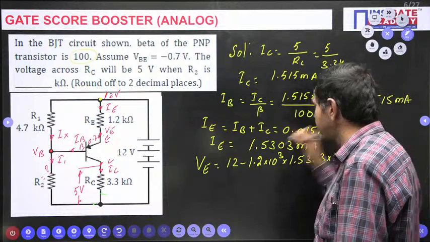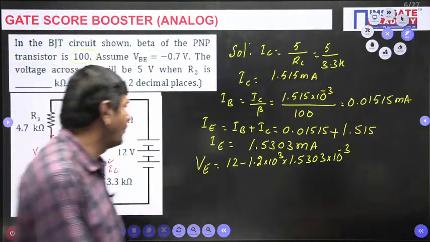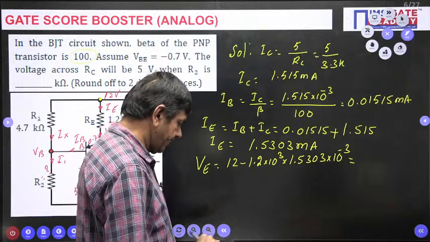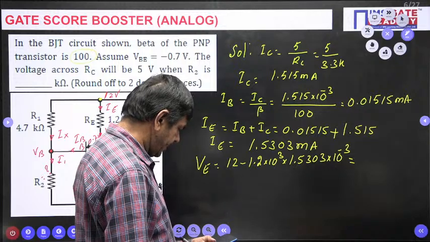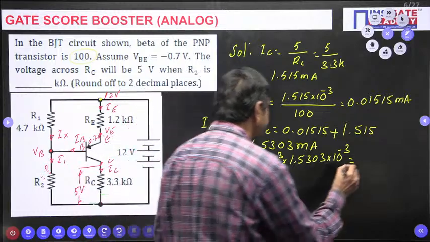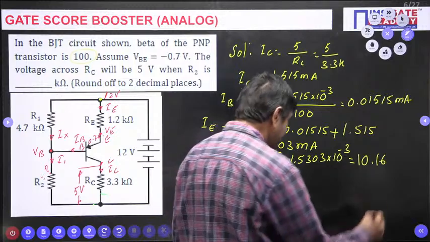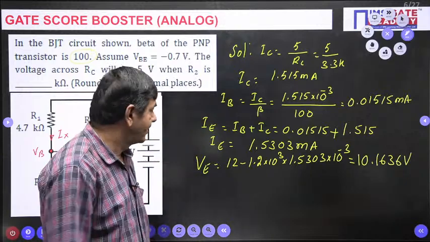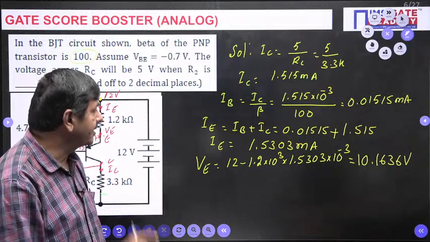Now you can determine the emitter voltage. If you are using the calculator, you can get VE as 10.16 volts. That voltage we can say is the VE value now.